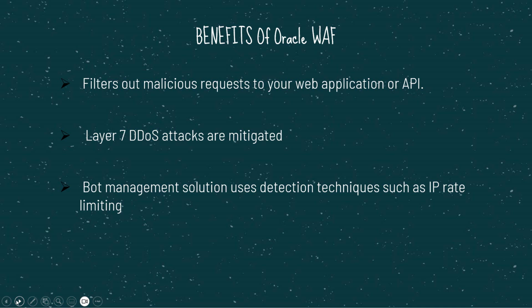Also, we have bot management techniques which can be protected by IP rate limiting. For example, if a user is trying to use a bot to slow down your web page or bring down your website, it can be protected by WAF.